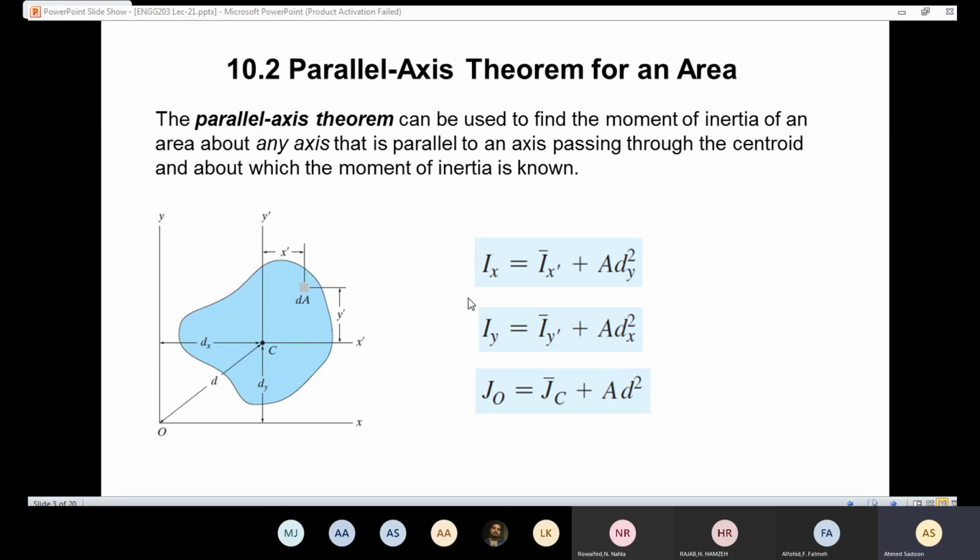So the moment of inertia about y is going to be the moment of inertia about the y axis that passes through the centroid, plus the area times dx squared. Here dx is the difference between that axis and that axis.